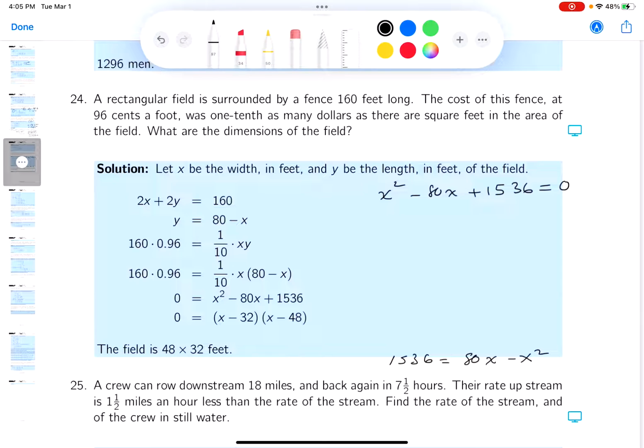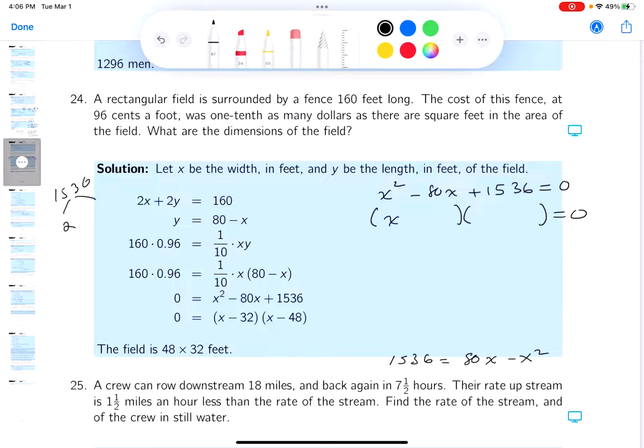And by the way, I realize this is brutal for a lot of students. You're going to have to play with the numbers or go to the quadratic formula. But I'll be honest with you, it's not like I get these things immediately. It takes me time. And I'll tell you what I do, how I do it. I look at 1536 and I start to break it up. And I break it up in the simplest things possible. And then I got to break it up again until I see something.